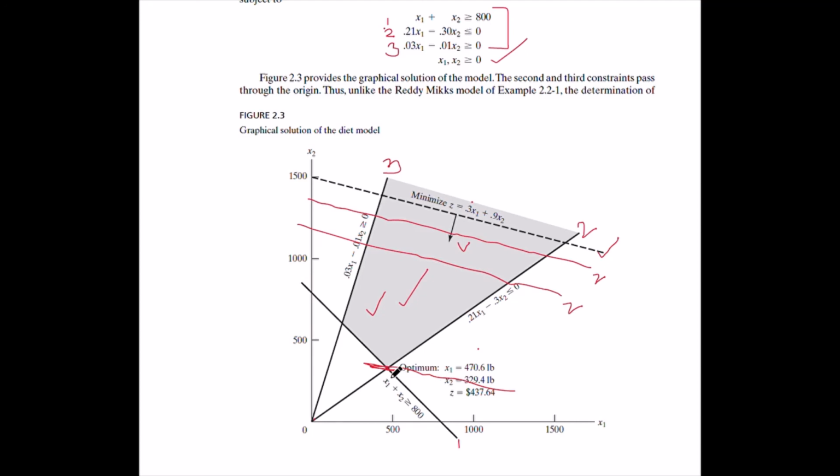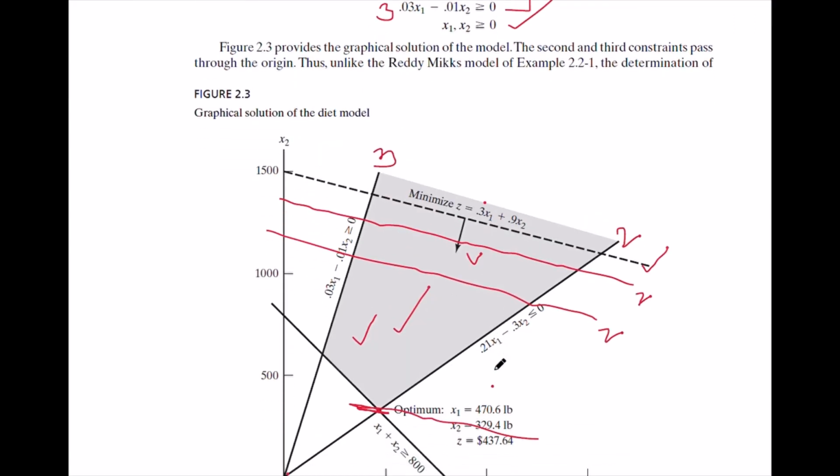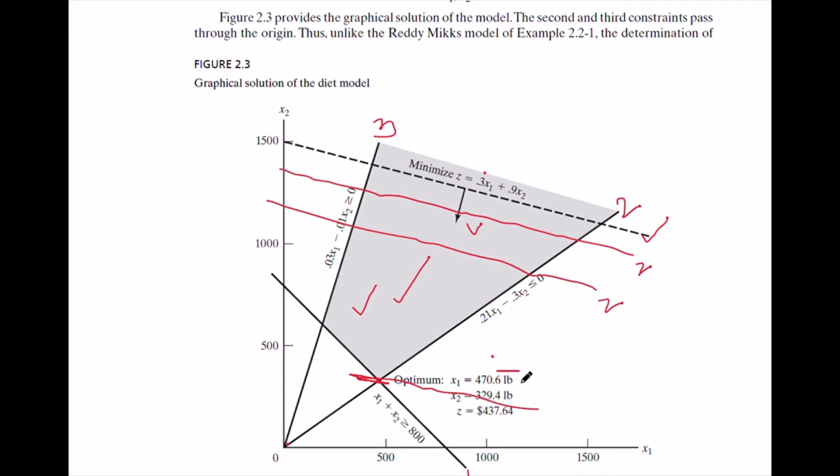So this point is x1 equals 470 lb, x2 equals 329.4 lb, where z equals $437.67. This is the minimum cost, and it also satisfies the constraints given in the question, when the amounts of corn and soya bean are this much and this much respectively.